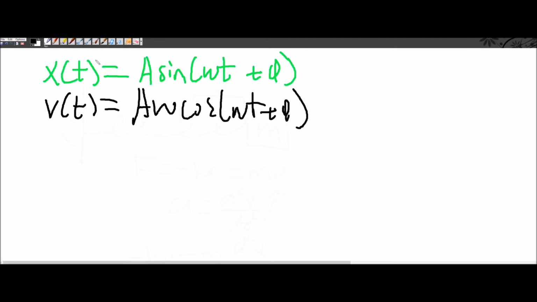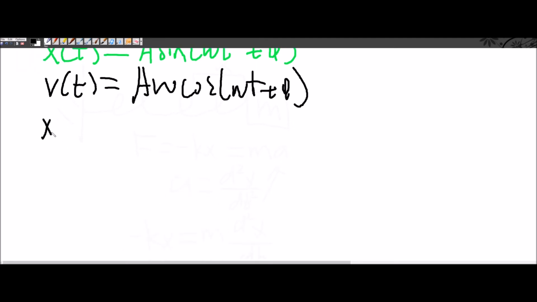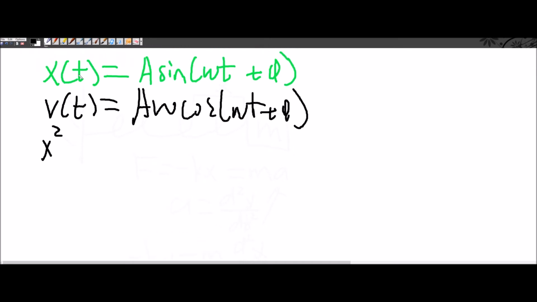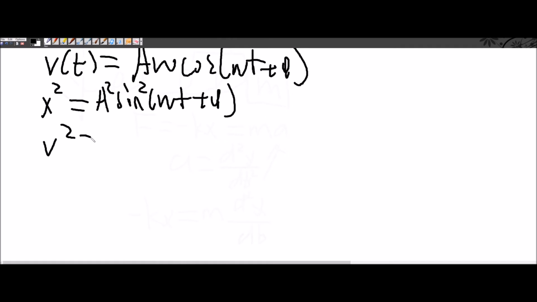We can square both sides. We get x squared; let's just neglect the t. We know it's a function of time, so we just leave this out for the sake of simplicity. A squared sine squared of omega t plus phi. Also v squared is just going to be A squared omega squared cosine squared of omega t plus phi.